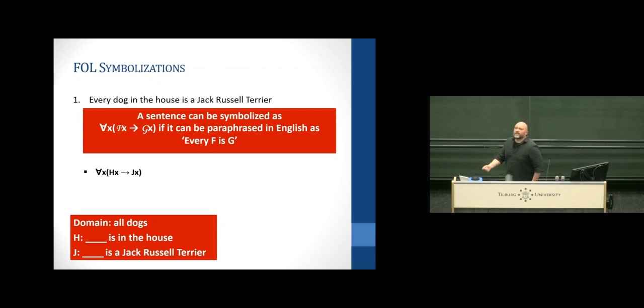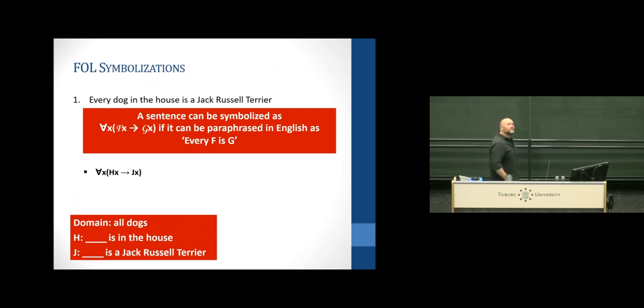Every F is G. We use this universal conditional. It's our first one of the four. Making sense so far, or is it just not clicking? Okay. Again, for every F is G, you're going to have this universal conditional.